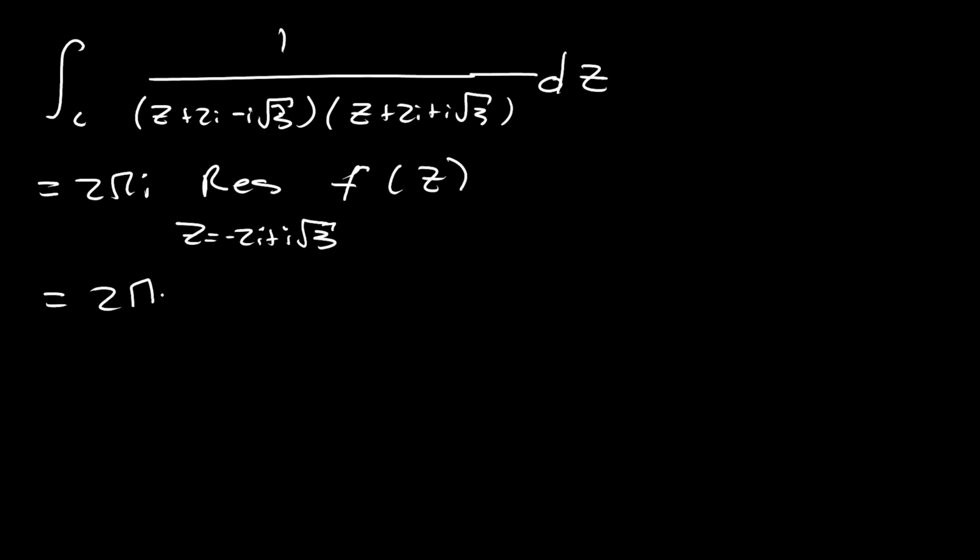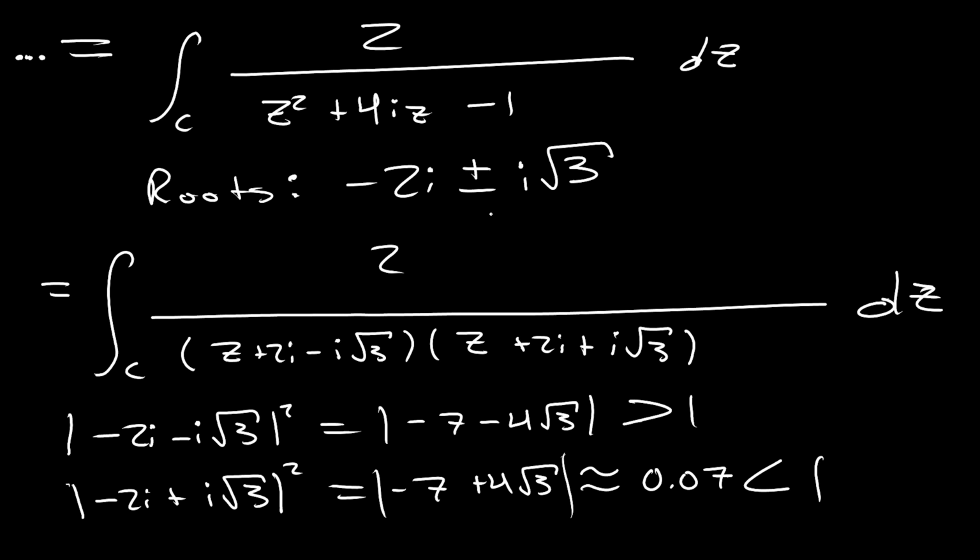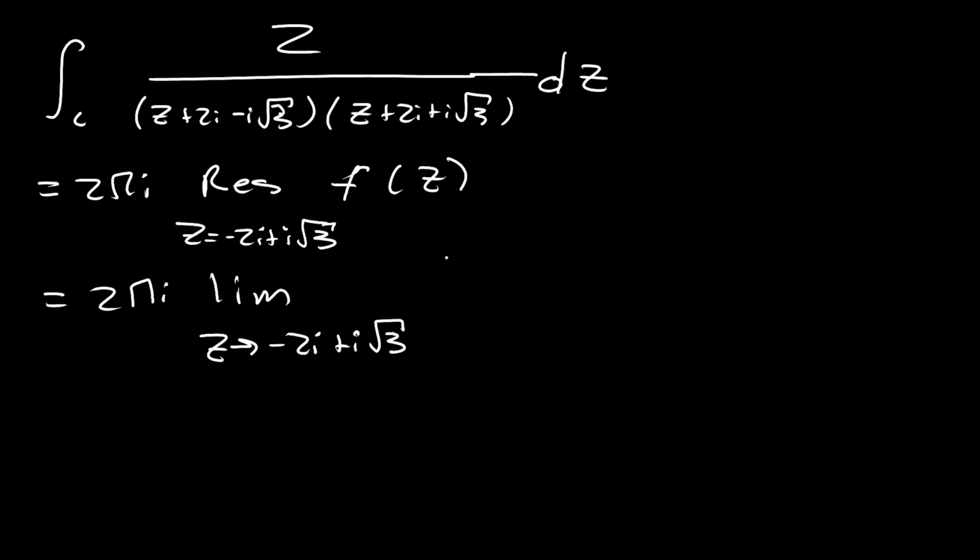So it's going to be 2 pi i times the limit as z tends to negative 2i plus i root 3 of our function. And remember, we need to keep the 2 up top there. I completely forgot about that. Let me make sure. Yeah, I kept it right on the last blackboard.